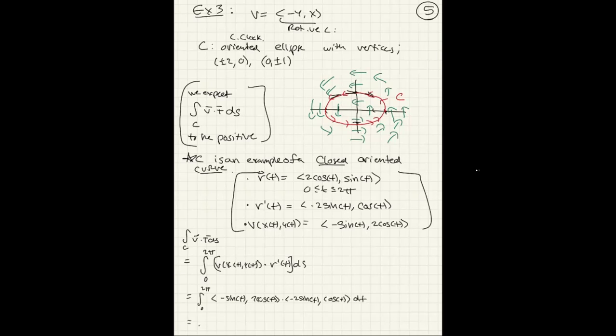If I work this out, I get 2 sine squared of t, the negatives cancel, plus 2 cosine squared of t dt, which gives me 2 times the integral from 0 to 2 pi of 1 dt, and this is just equal to 2 times 2 pi, which is positive, which is what we had anticipated prior to setting up this integral.